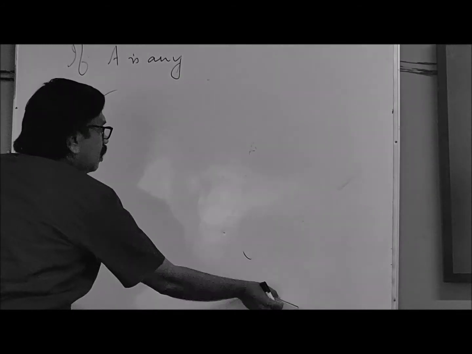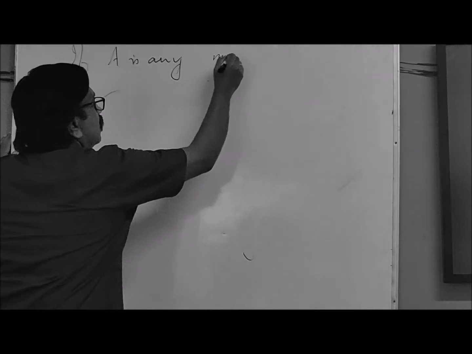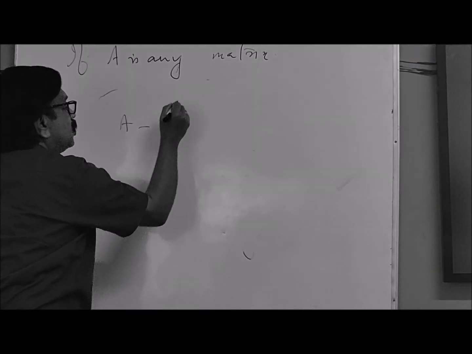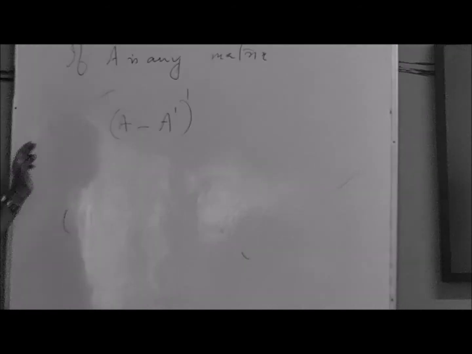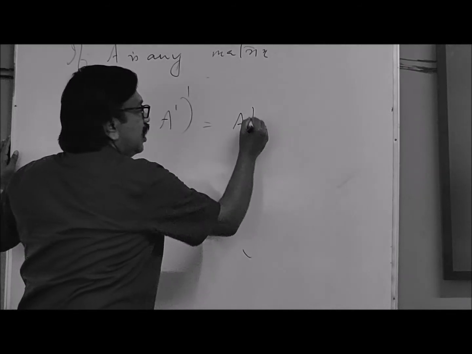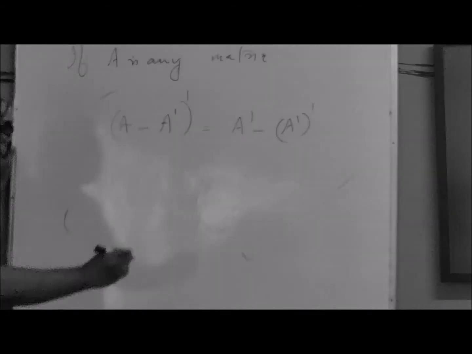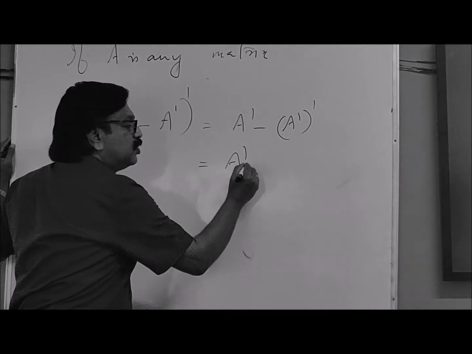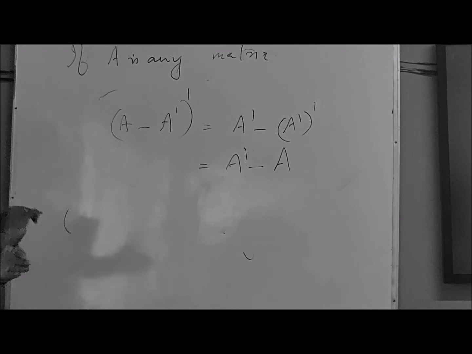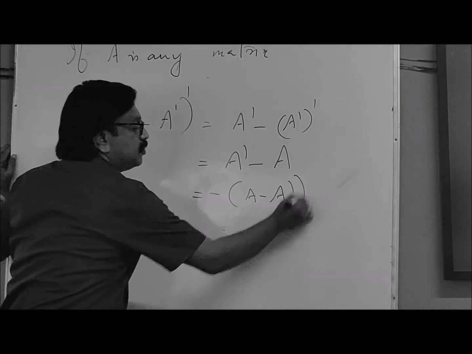What can we say about A minus A transpose, if A is any matrix? What is the transpose of A minus A transpose? That is equal to A transpose minus A transpose transpose, which is A transpose minus A, since double transpose means the same. Taking the negative outside, that is minus of A minus A transpose.